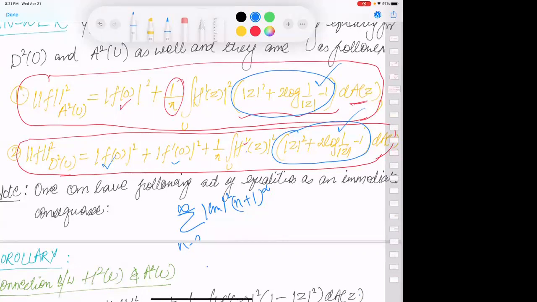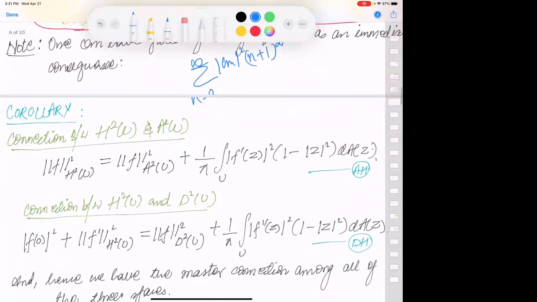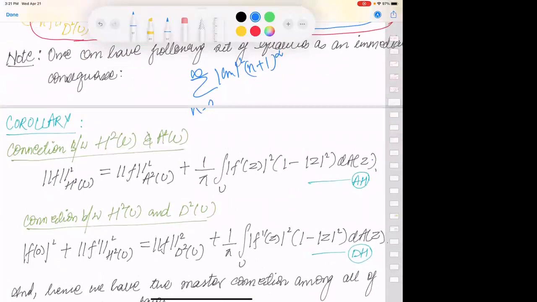But before that, I would request you to have a look at the connection between Hardy and Bergman, and the connection between Hardy and Dirichlet. Equation AH is a direct connection between Hardy and Bergman, and equation DH is the direct connection between Hardy and Dirichlet.